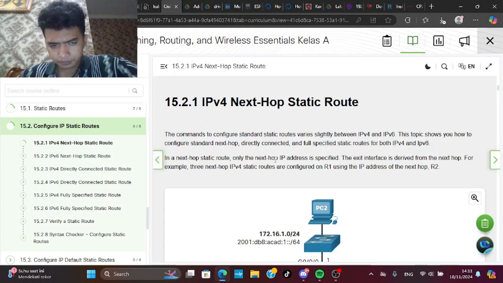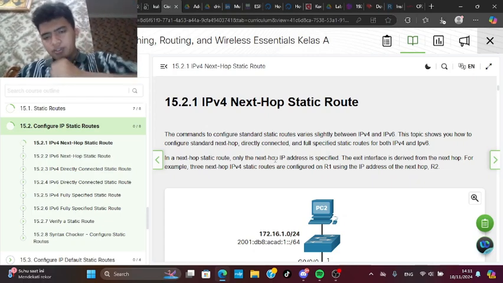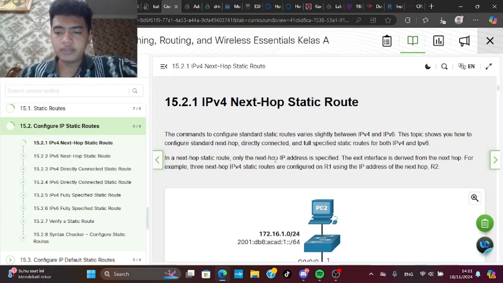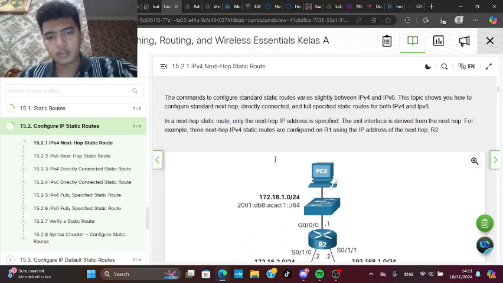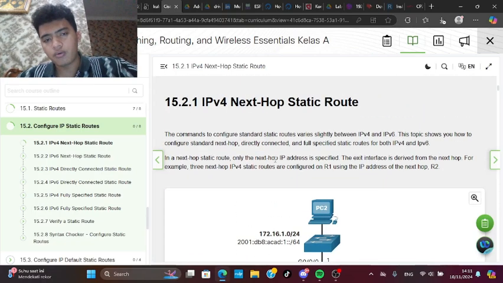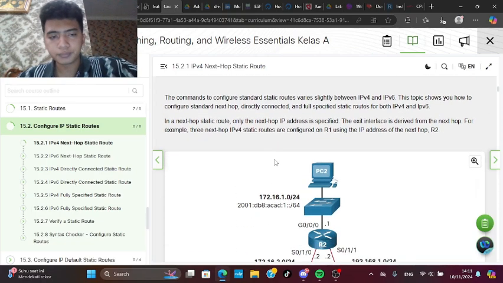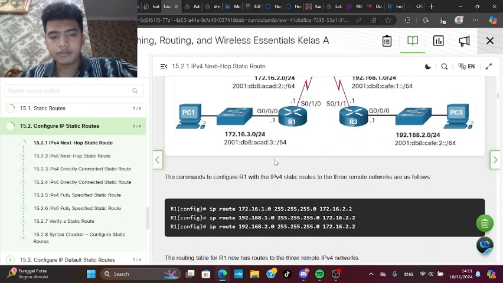For example, 3 next hop IP version 4 static routes are configured on router 1 using the IP address of the next hop, router 2. Okay, so the commands to configure router 1 with IP version 4 static routes to the 3 remote networks are as follows.